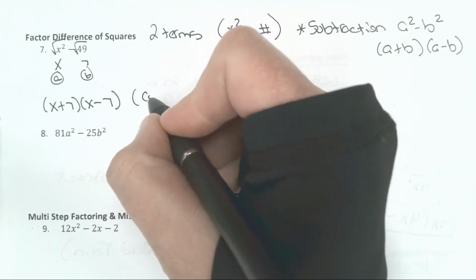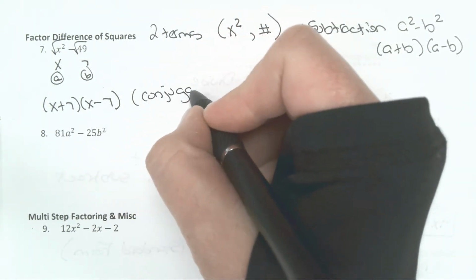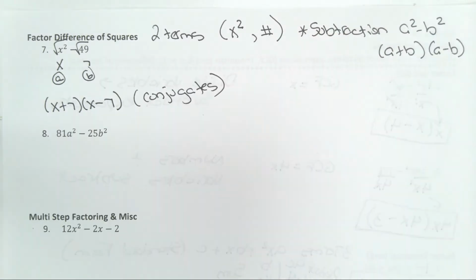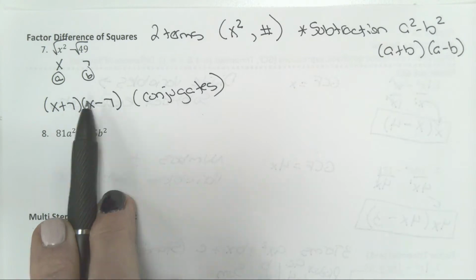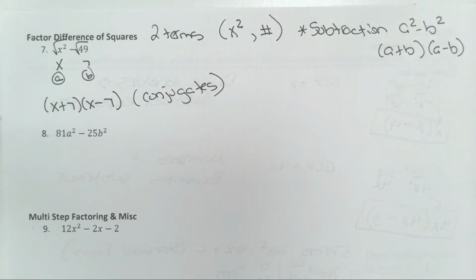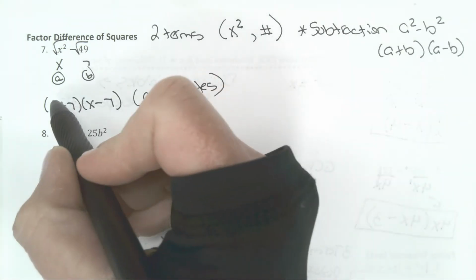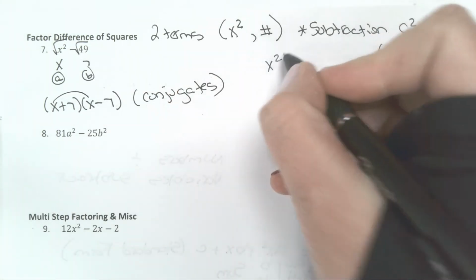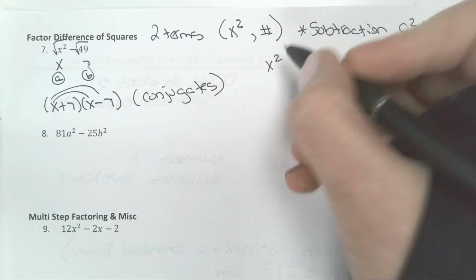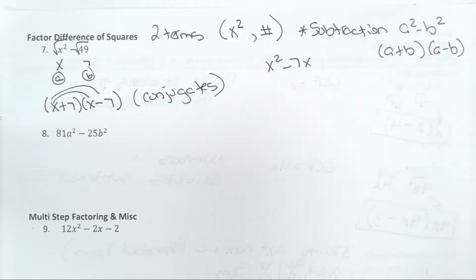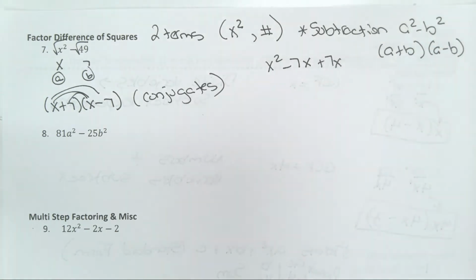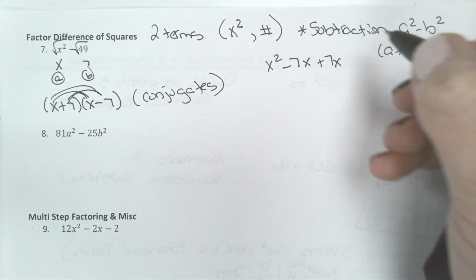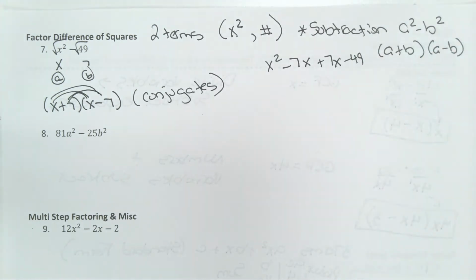Hey, for the fun of it, these are called conjugates. Conjugates means the parentheses are the exact same, but one has a plus and one has a minus. So this happens because if you FOIL and multiply it, x times x is x squared, x times negative 7 is negative 7x, and then 7 times x is plus 7x, and then 7 times negative 7 is minus 49.